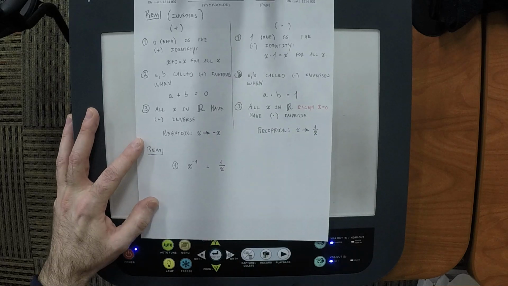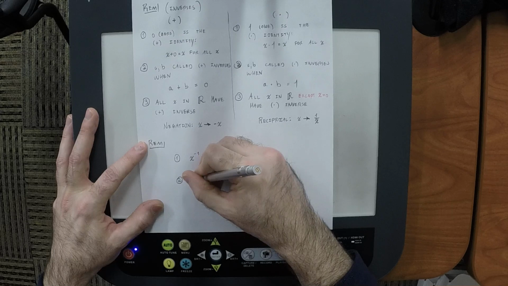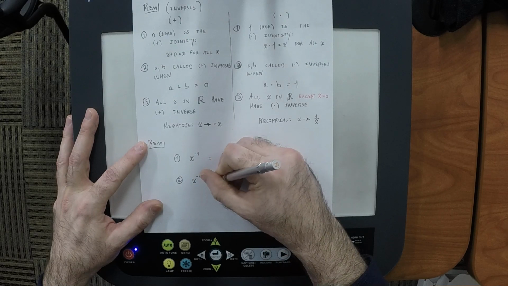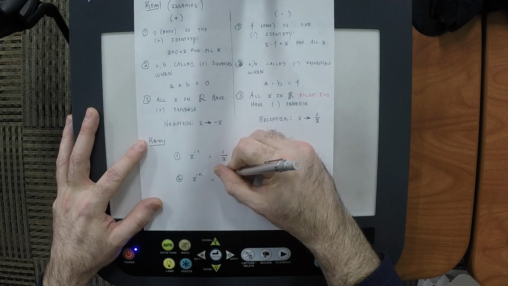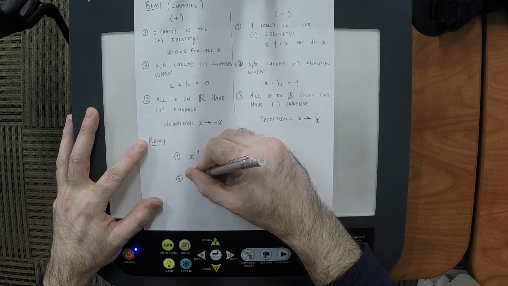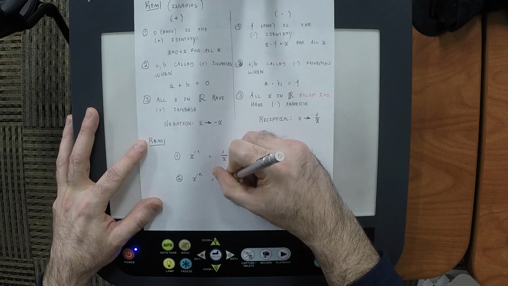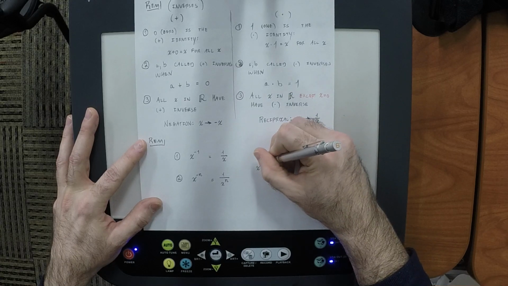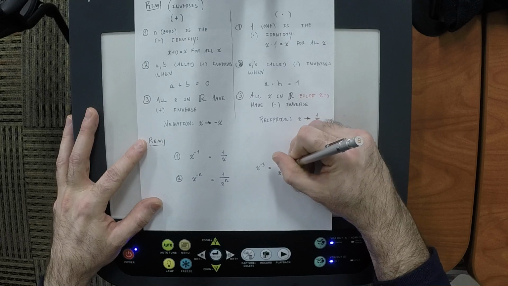And as a consequence of that, we could write x to negative n. How? 1 over x to n. So for example, x to negative 3 would be 1 over x to 3, like that.